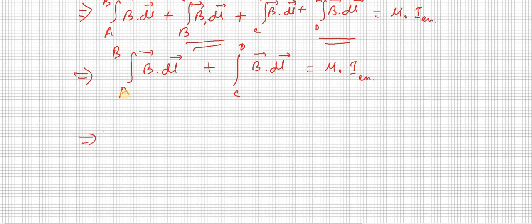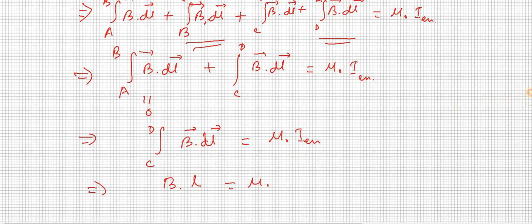So our final result after simplification is: B dot dl is equal to mu naught times the total current enclosed. This is nothing but B times the length of the arm CD, say L, equal to mu naught times the total current enclosed.